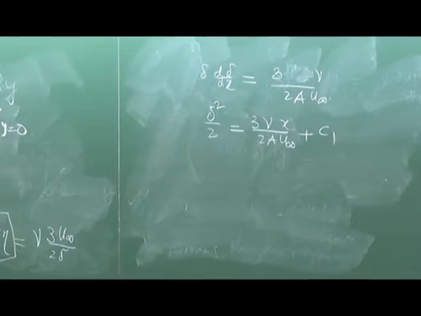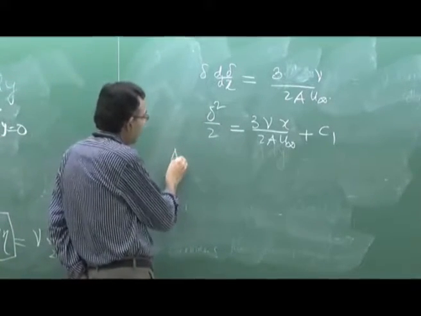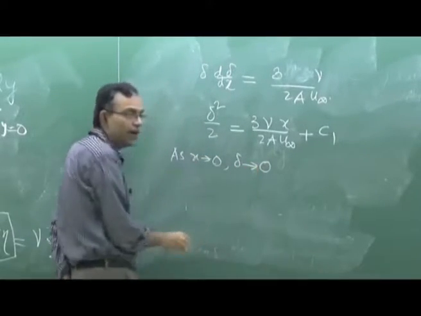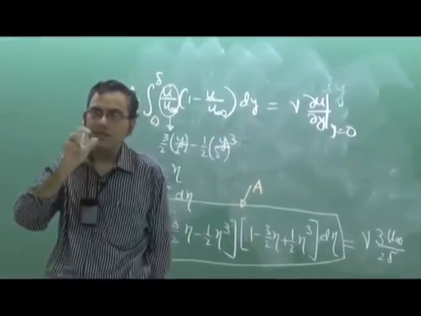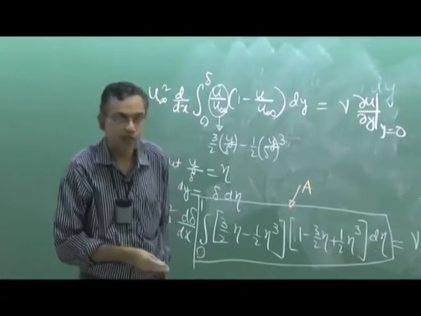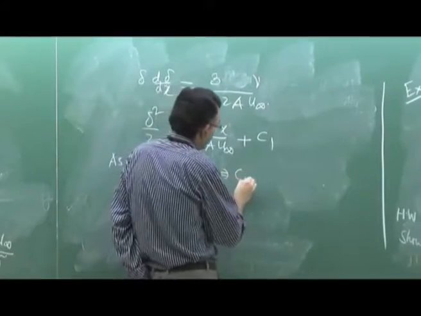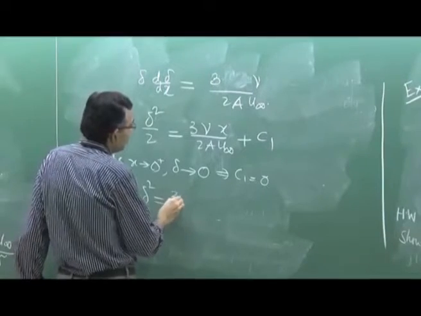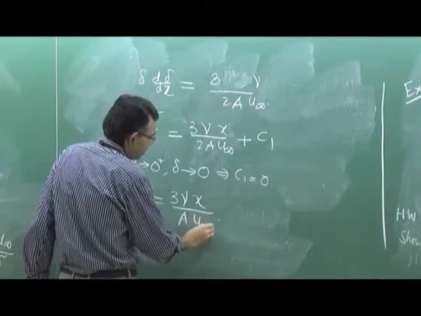Now, as x tends to 0, delta tends to 0. As I told you earlier, at x equal to 0, delta is not defined. So, it is x tends to 0 plus actually. That will mean C1 equal to 0. So, delta square is equal to 3 nu x by a u infinity.